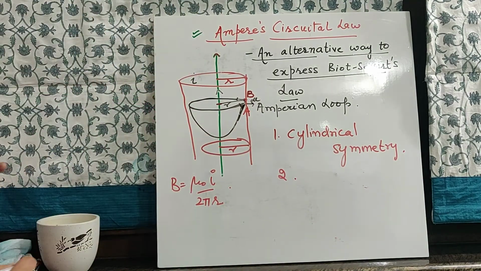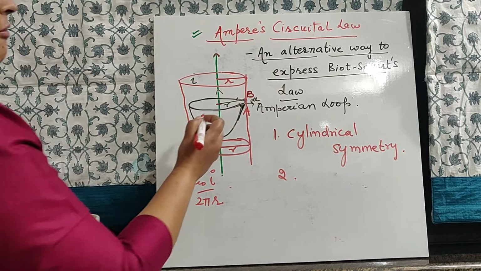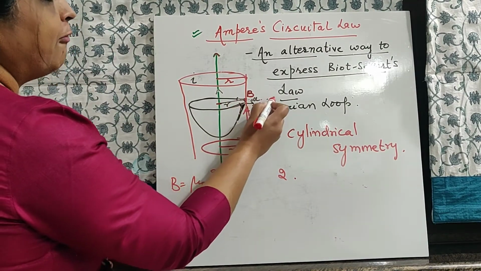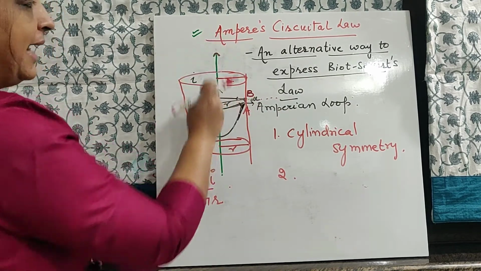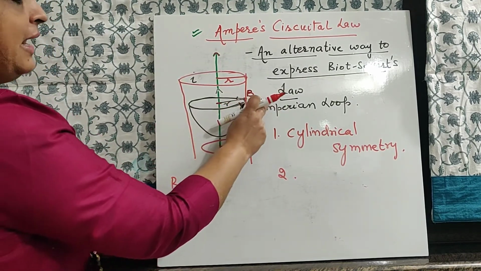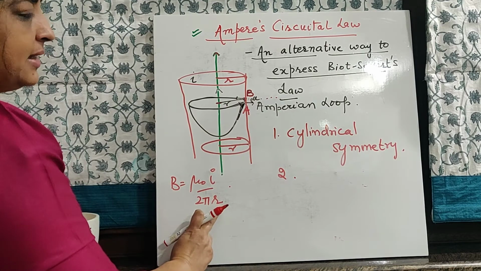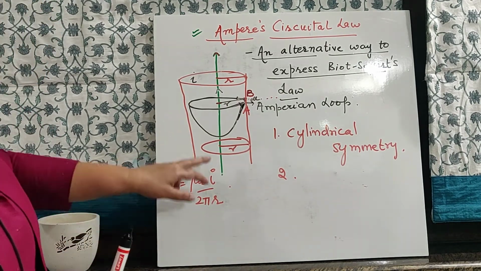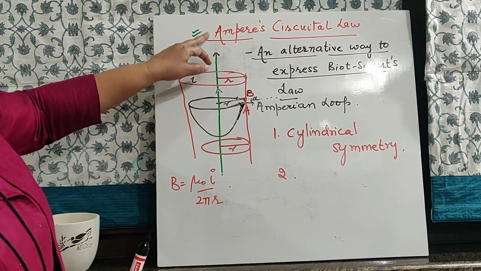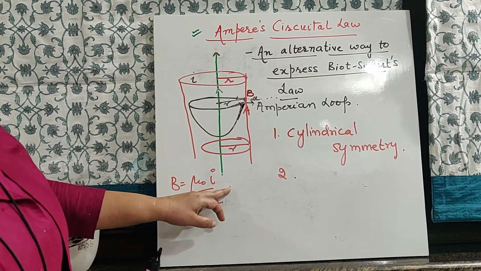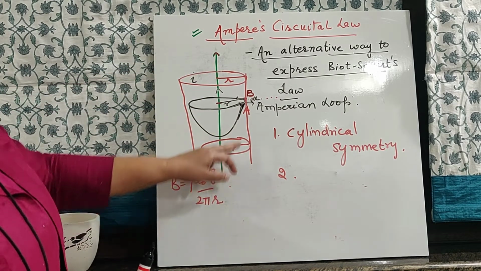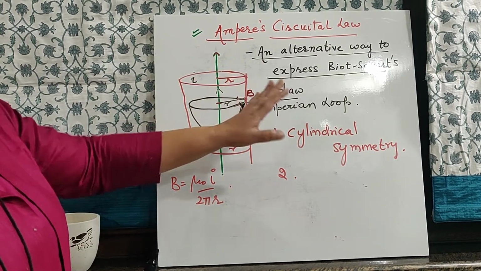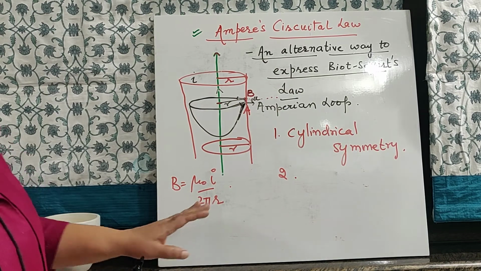Then next point is that as we go further and further away from the current carrying conductor, the magnetic field is decreasing because it is inversely related to R. But it is not infinite. Although the current carrying conductor has an infinite length, the value of B doesn't go infinite, it is finite.